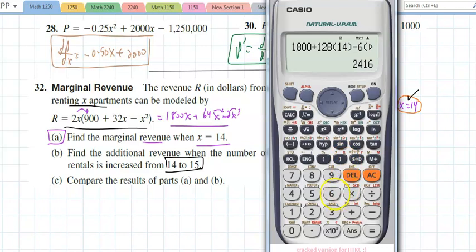So the revenue is going to be, let's see how it works. 2 times 15 times 900 plus 32 times 15 minus 15 squared, minus R of 14, the same function, 2 times 14 times 900.